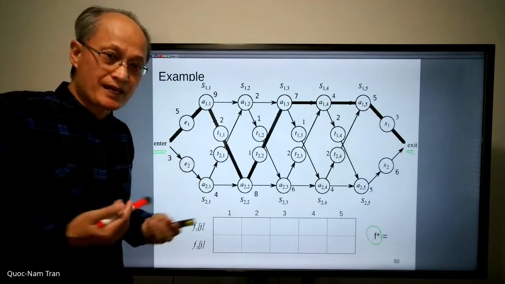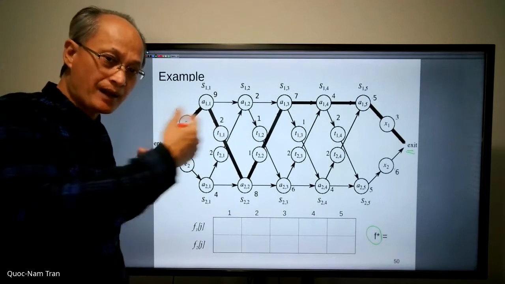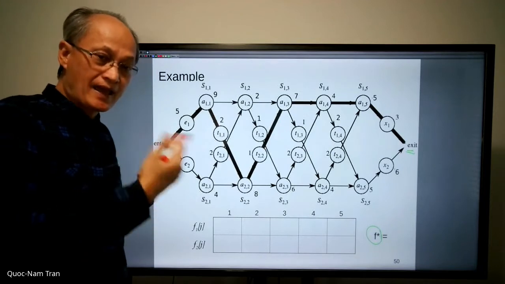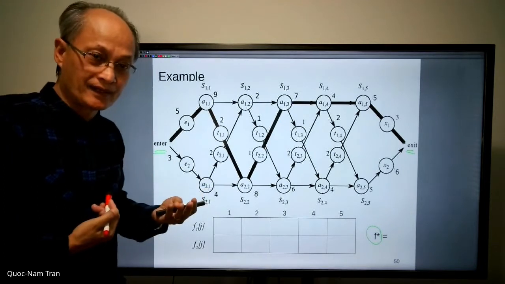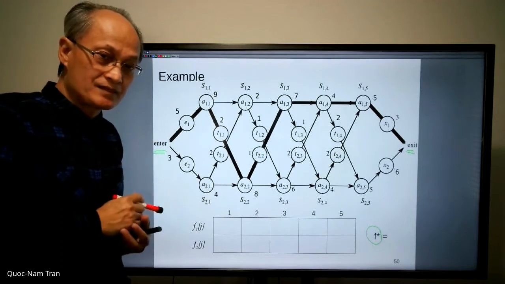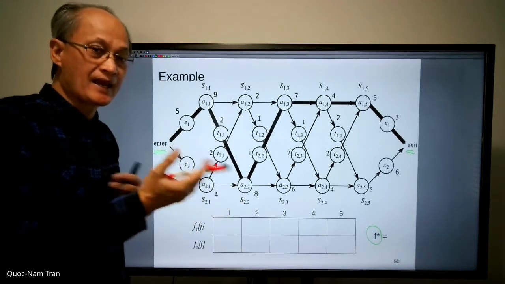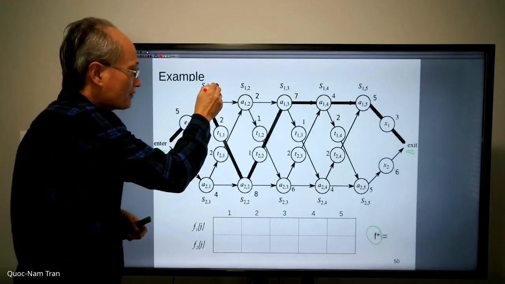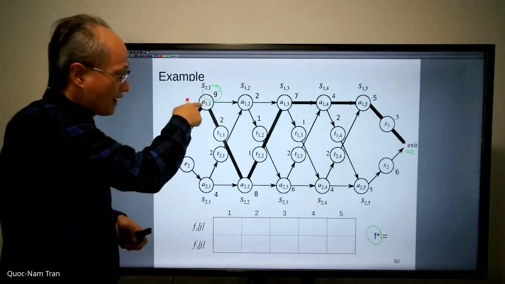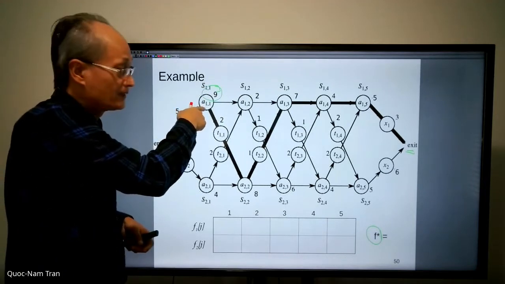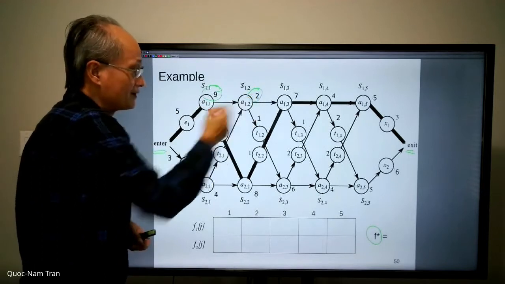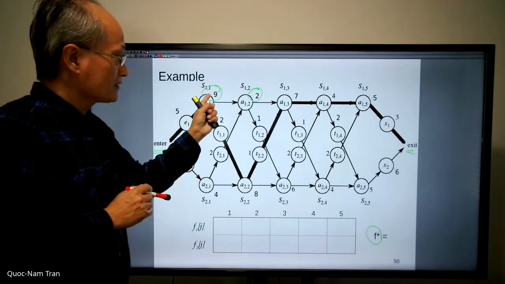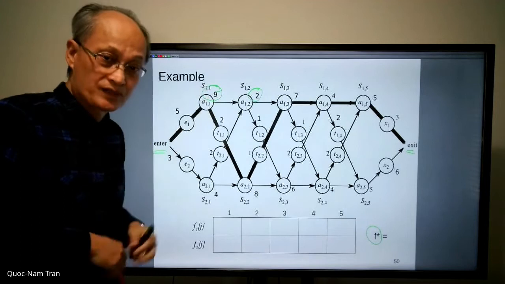When you have Dijkstra's algorithm, you find the shortest path on the graph. Every edge on the graph will have a weight. But the biggest difference between this assembly line and the normal graph is that we have the time associated with each of the nodes. The time here. And we have to count the time here as a part of the cost.